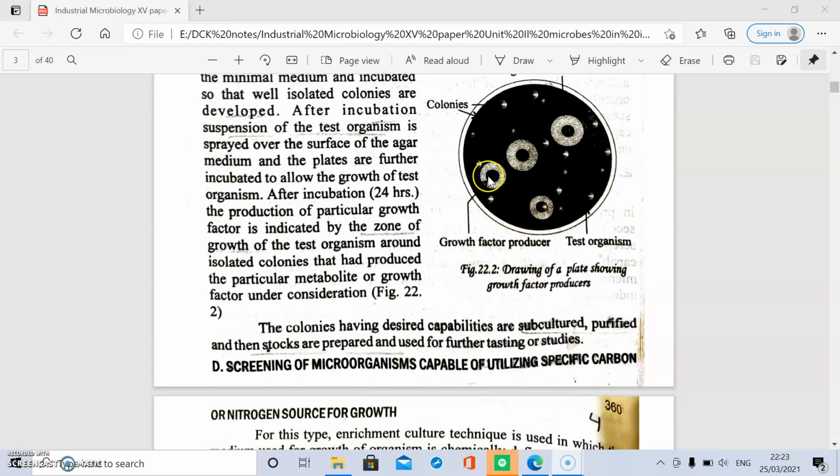These are the colonies producing the growth factor, and these are the test organisms. The test organisms gather around these colonies to get the growth factor produced by the colony.